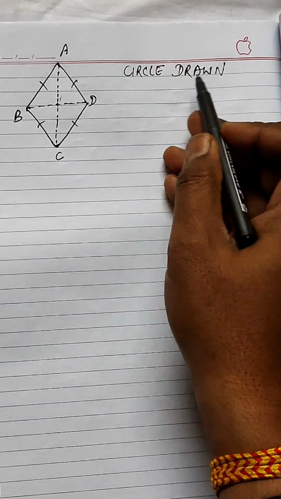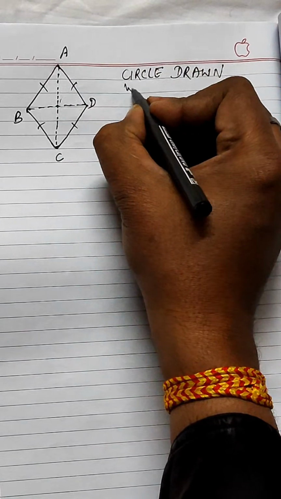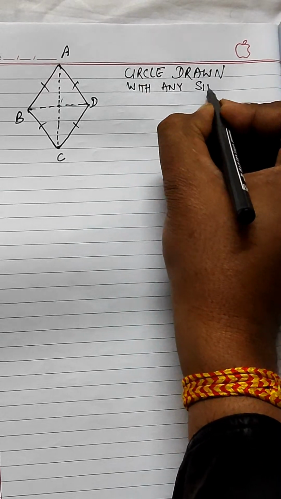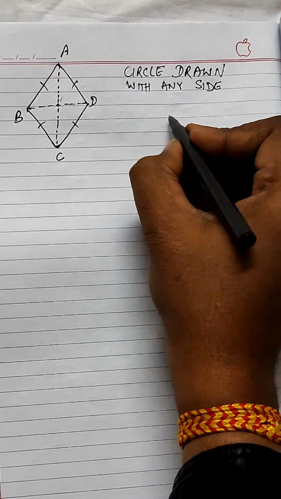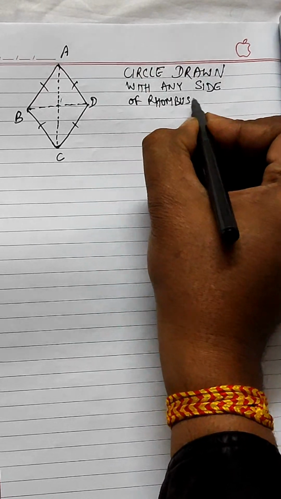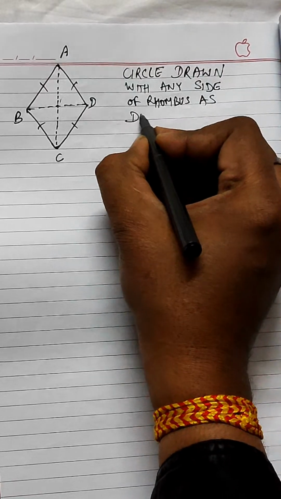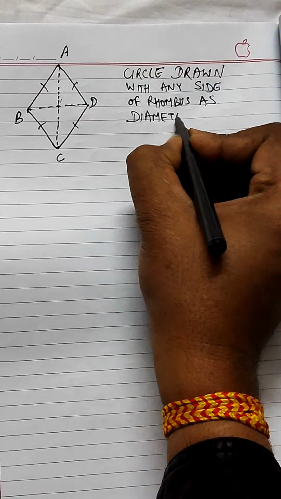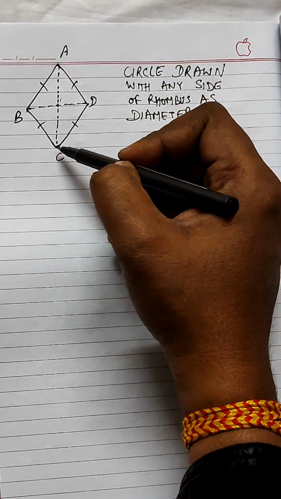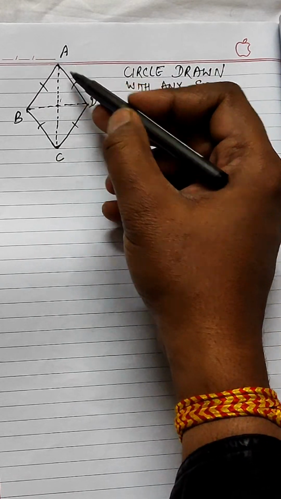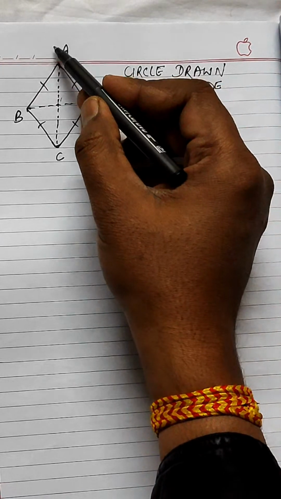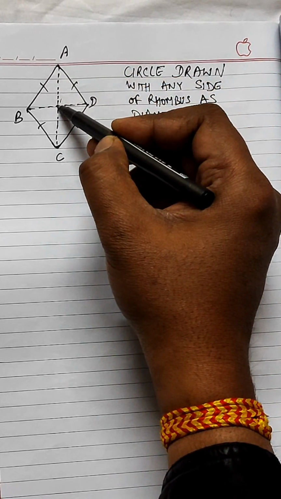So here, the circle drawn with any side of the rhombus as diameter. I mean to say that if AB is the diameter, or BC, or CD, or AD is the diameter, then such a circle when drawn should be passing through the intersection of the diagonals.